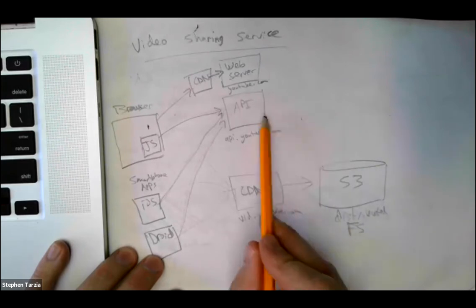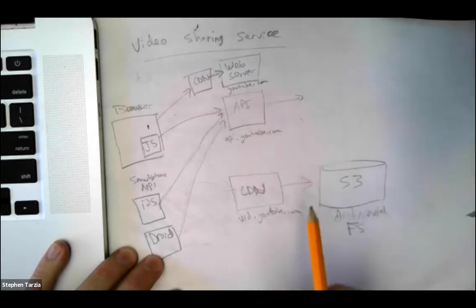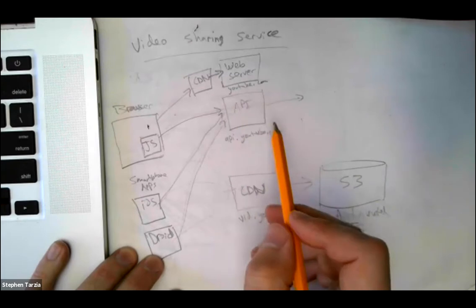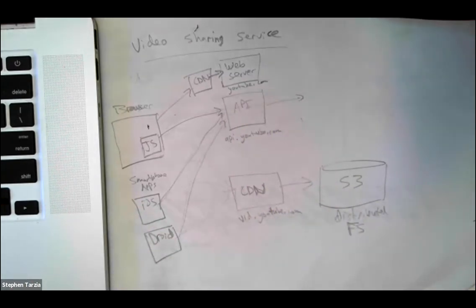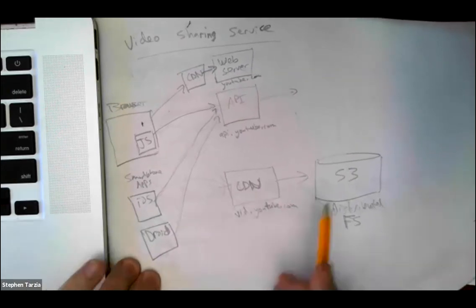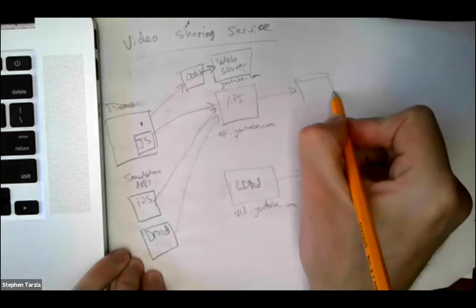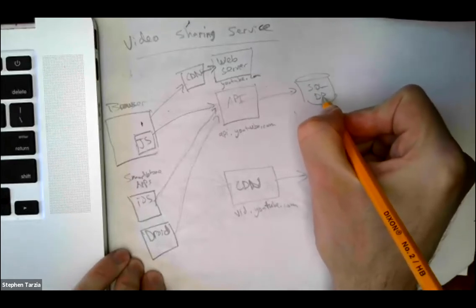For the API to handle things like searches and to store information, it really depends on what scale we want to go with this, but for a small service, you might have this just connected to some kind of SQL database.